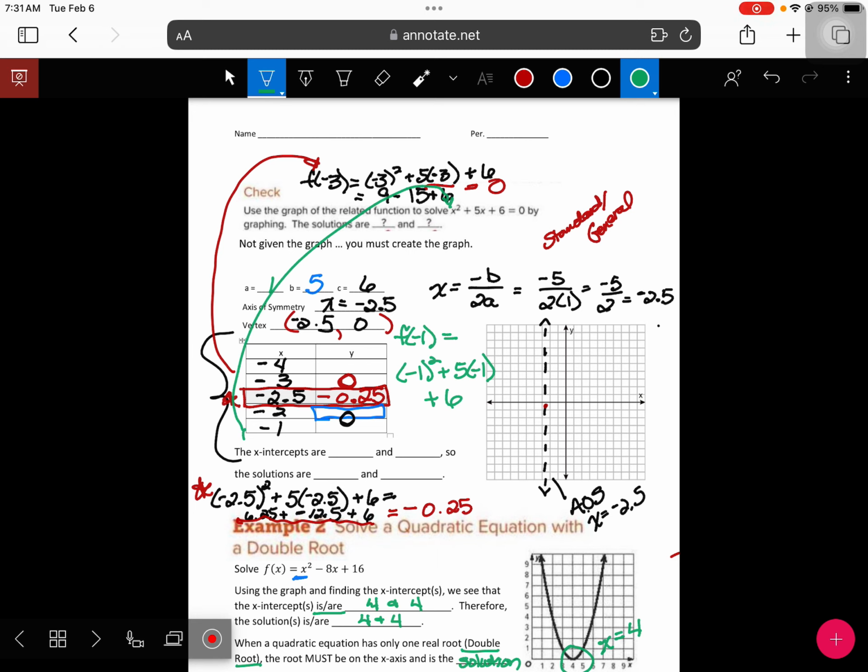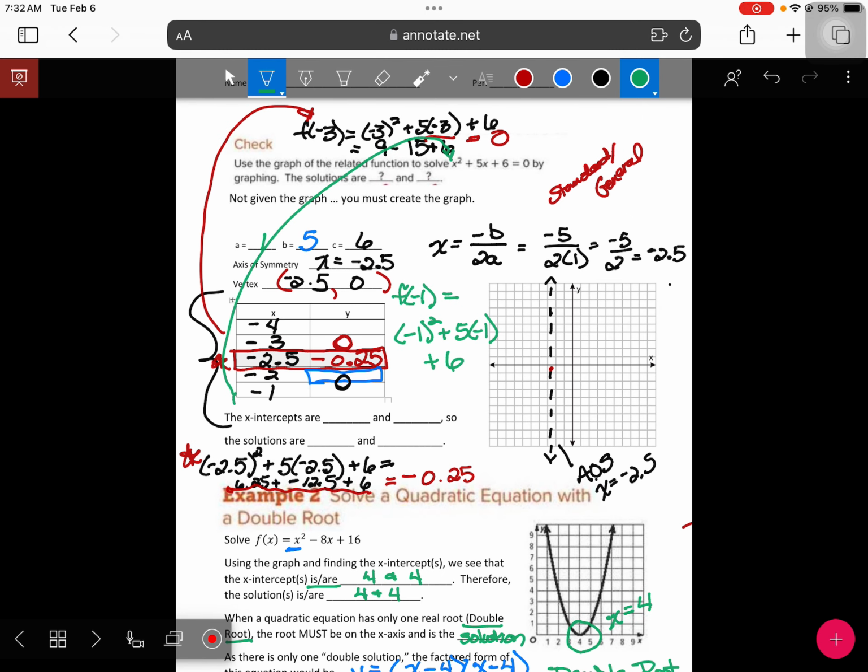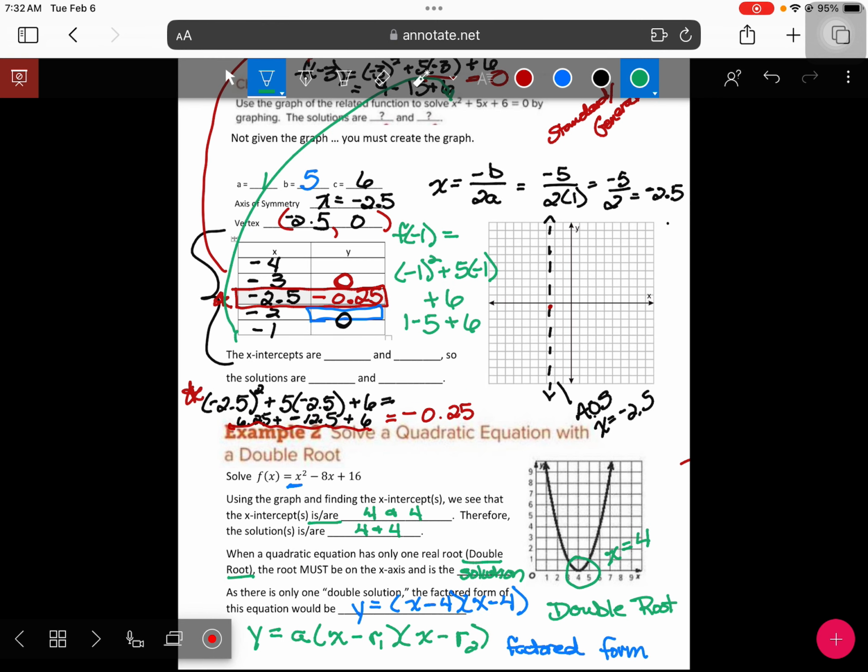Miss Didi, should I write this down? Yes, you should. So you know where we're getting these answers. I'm not just pulling them from the air, the atmosphere. So negative 1 squared is how much? 1 plus 5 times negative 1 is negative 5, or minus 5, plus 6. 1 minus 5 is negative 4, and negative 4 plus 6 is 2.